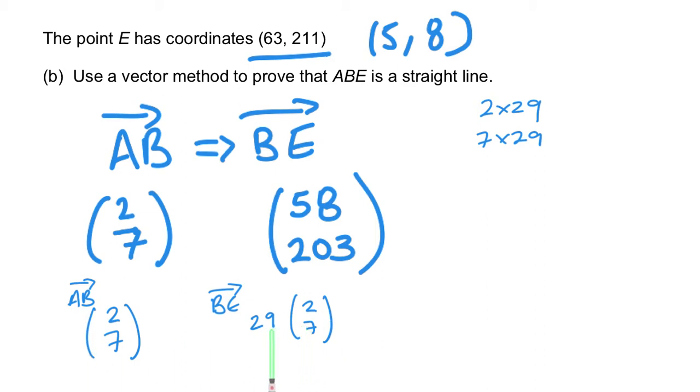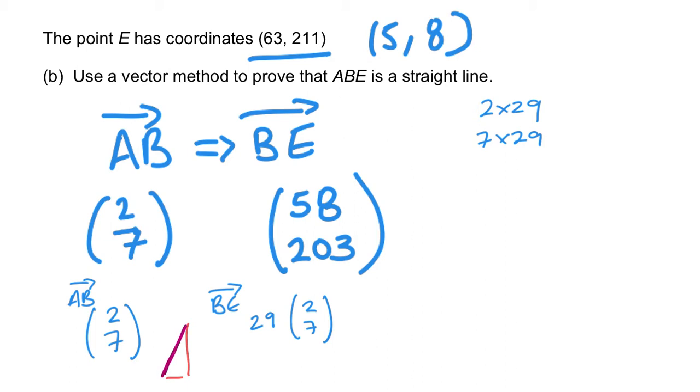Would this always work? This always works because this is the proof. We have to prove they're parallel. Have we proved they're parallel? All we've done here is, you know the line AB is (2, 7). It means I've gone across 2 and up 7, okay? So my line is actually this long.